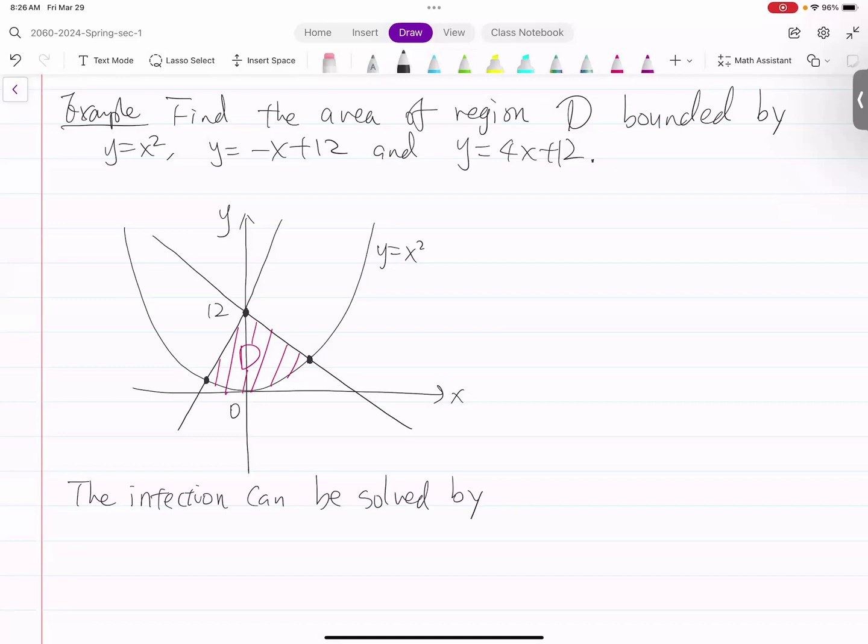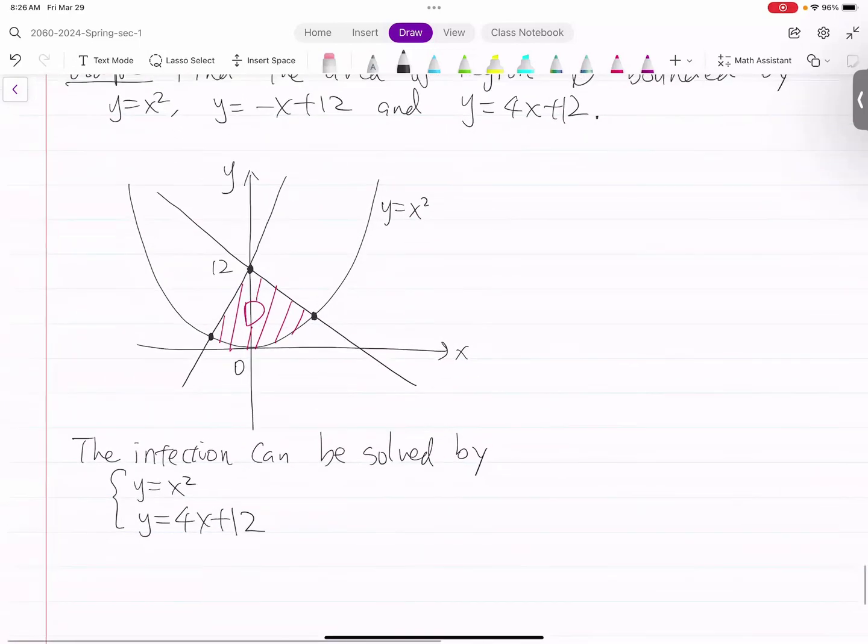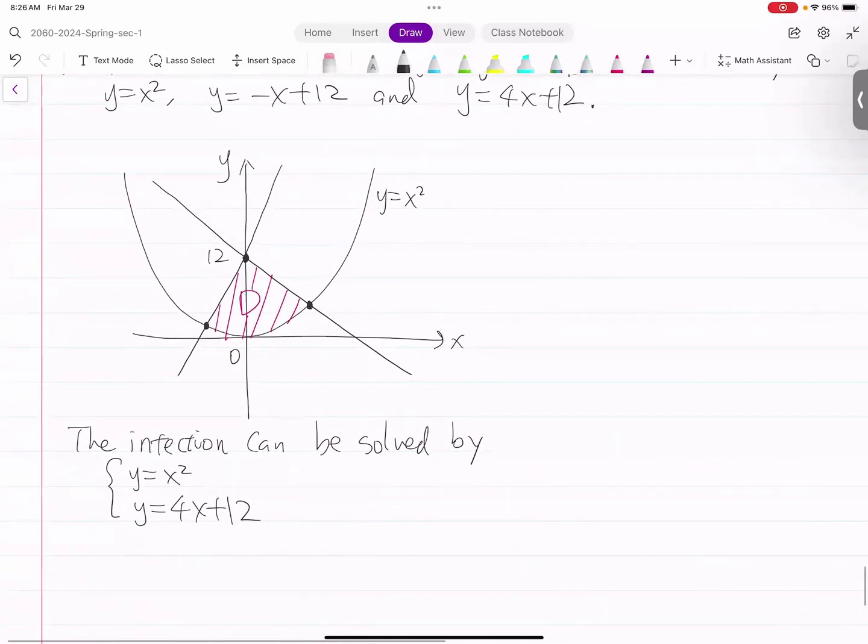We have the parabola y equals x squared, and we set it to be simultaneously satisfied with 4x plus 12. This line, y equals 4x plus 12, is the increasing line, and y equals negative x plus 12 is the decreasing line.